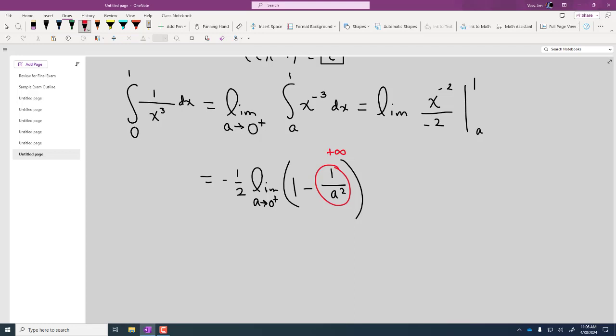So that's going to positive infinity, which means this whole quantity here is going to negative infinity. 1 minus infinity is negative infinity. And then if you multiply negative infinity by -1/2, we get positive infinity. So it diverges, which is what we would expect based on the power on x.